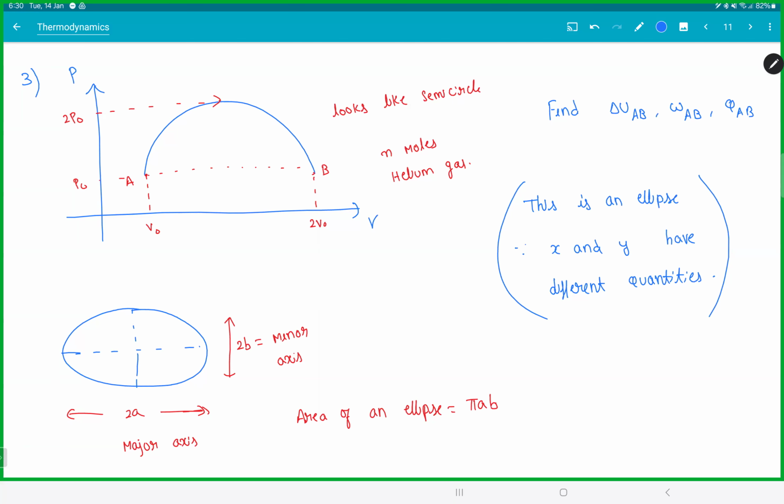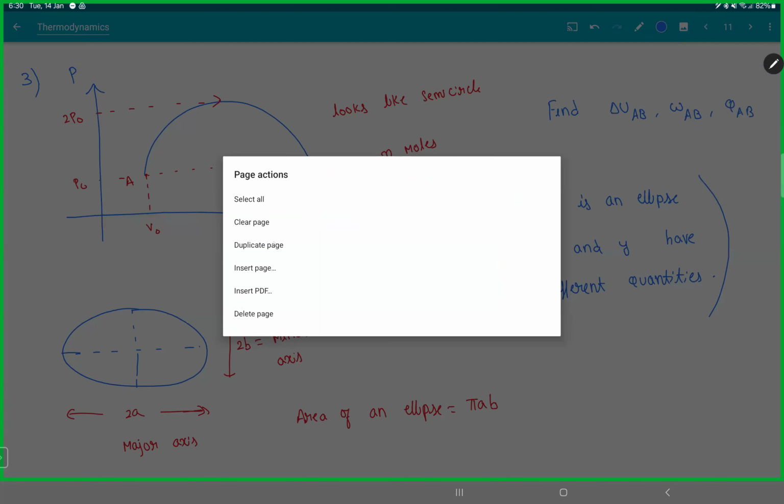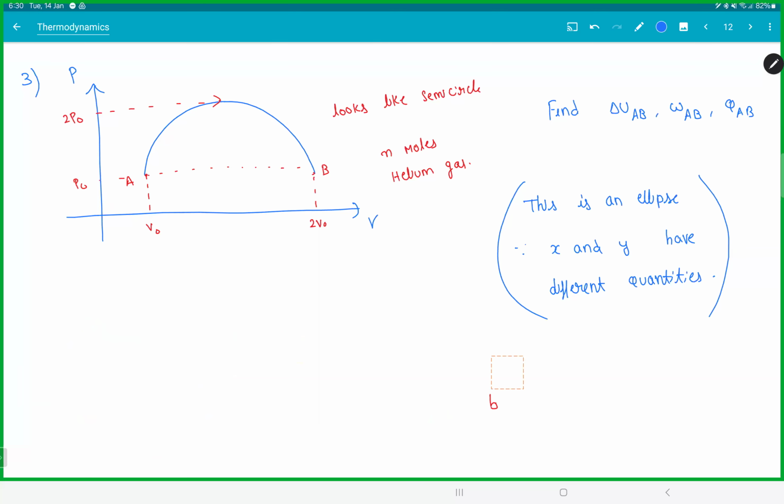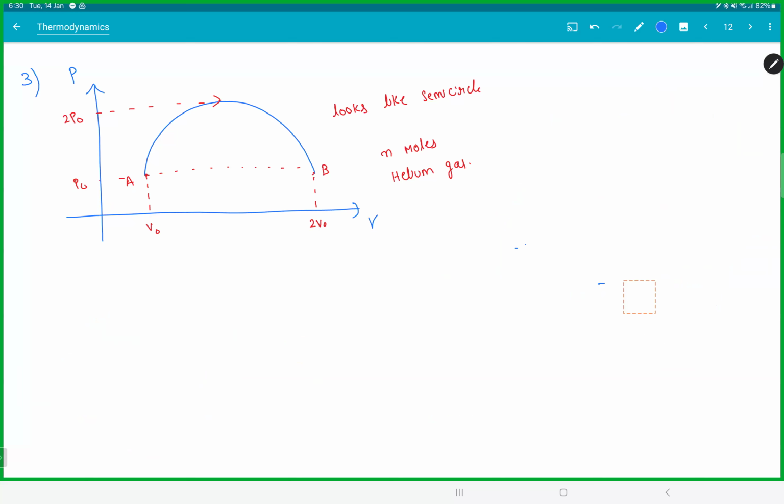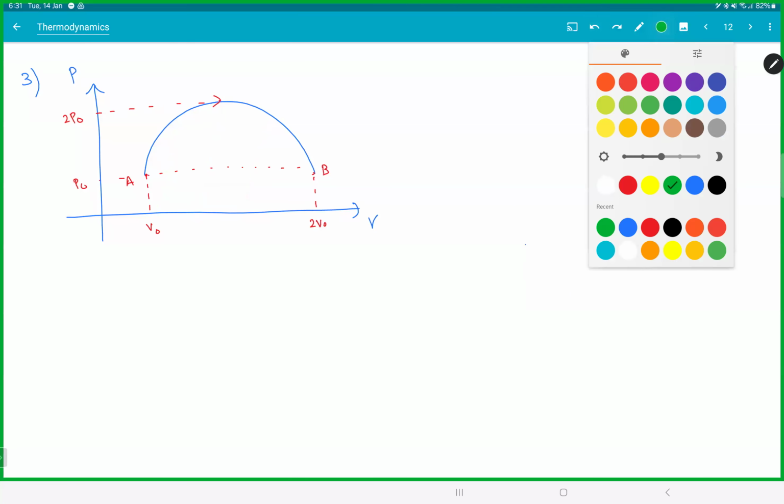Let's see the work done part. So you want to find the work done from A to B. What am I asking you to find? I'm asking you to find this area, na? The entire area under that curve, isn't it? So can I split this into two parts?